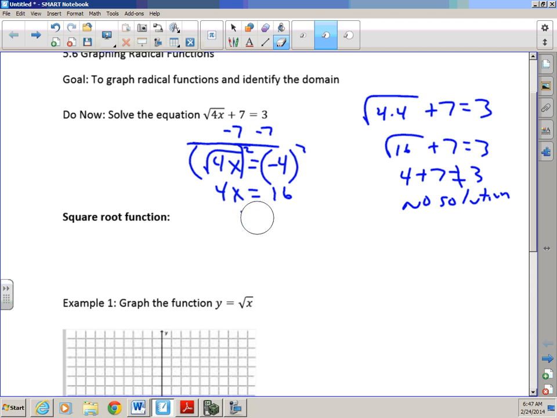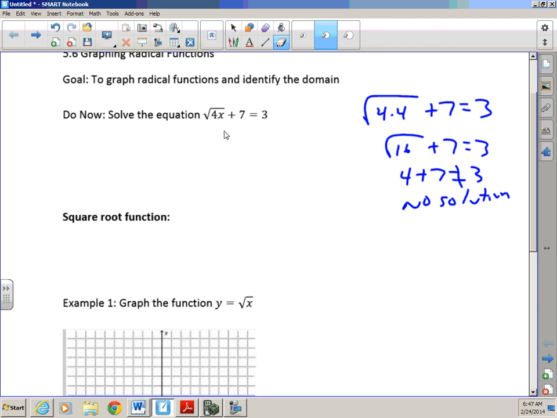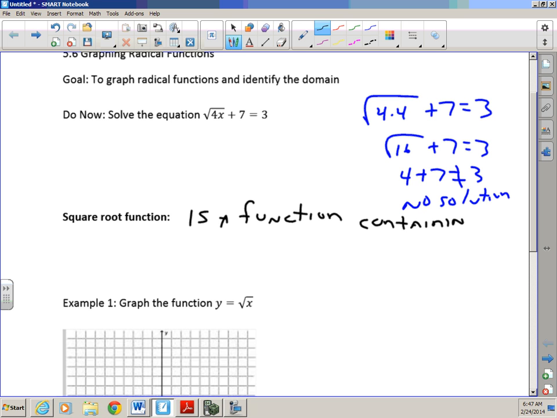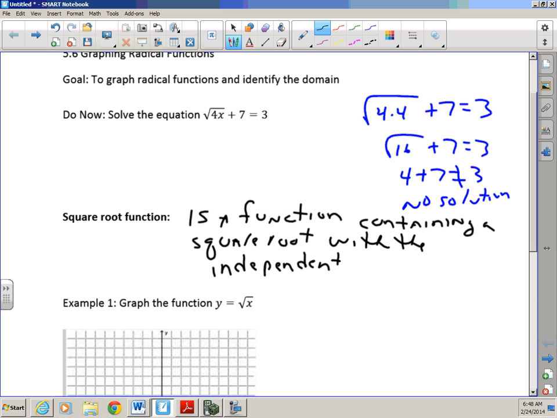Now, a square root function is a function containing a square root with the independent variable in the radicand.